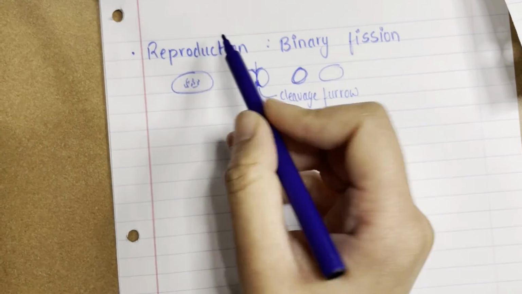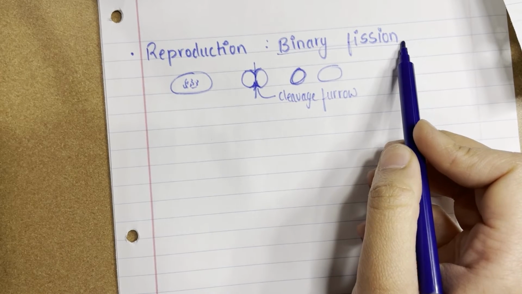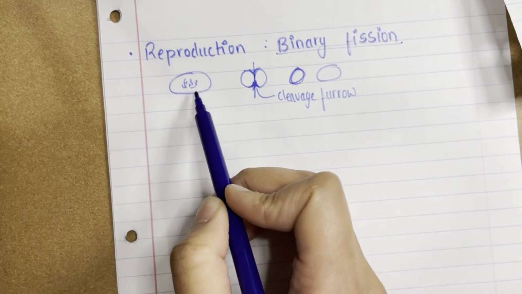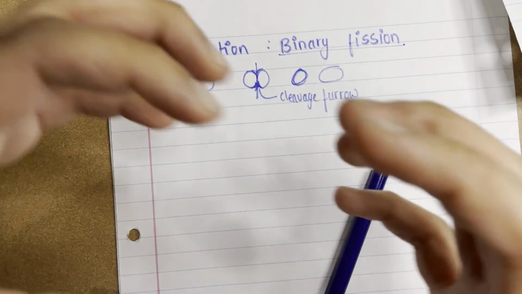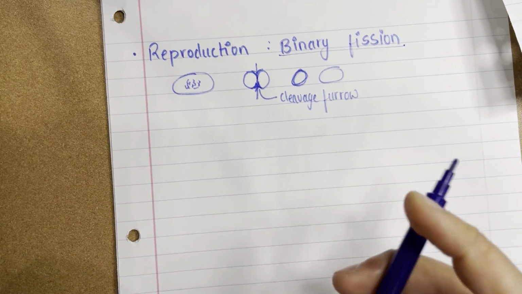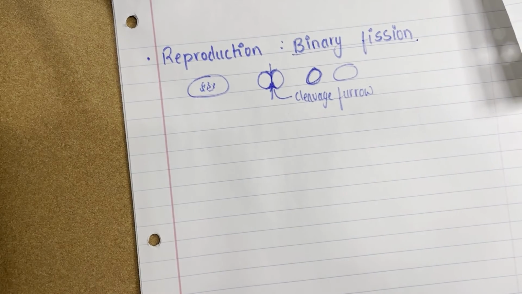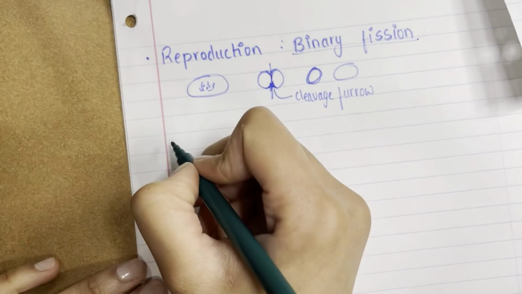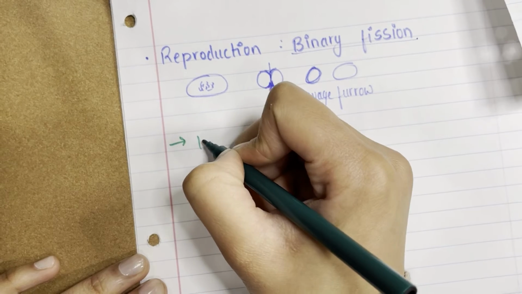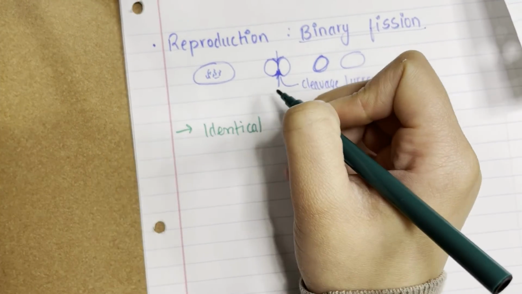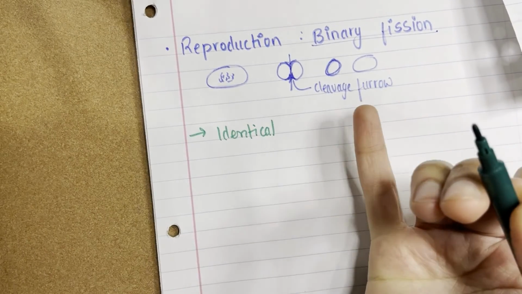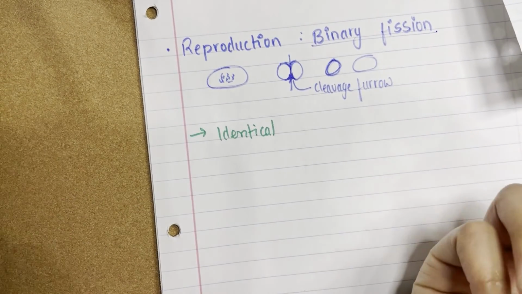So they reproduce by binary fission, and because they just split out of one bacteria, they are all identical, because there is no change in the DNA sequence.